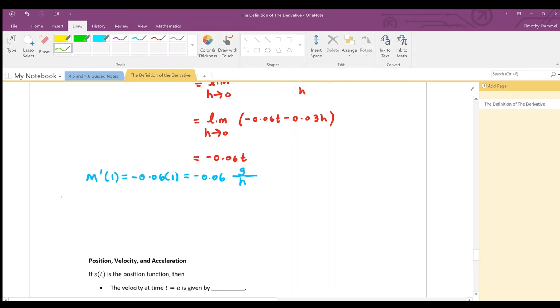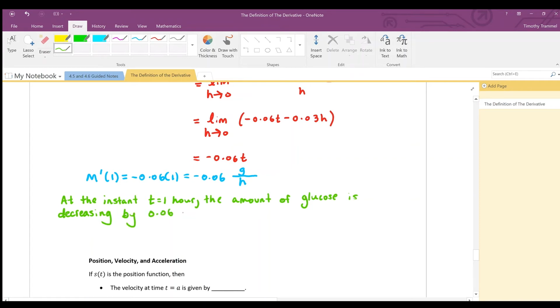So what we might say is at the instant t equals 1 hour, the amount of glucose is decreasing by 0.06 grams per hour.